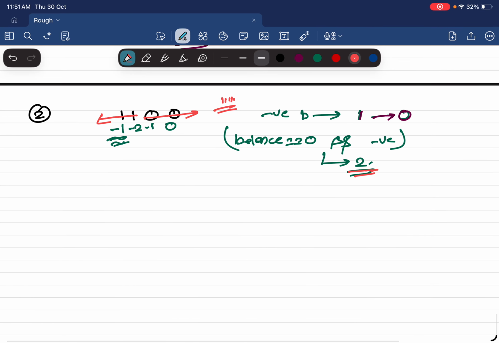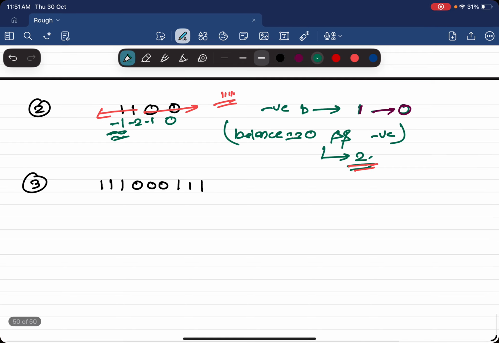Now let's continue forward. Let's take the third test case. Okay, let's solve this. Now it will be again as this. So let's say balance will become minus 1, minus 2, minus 3.